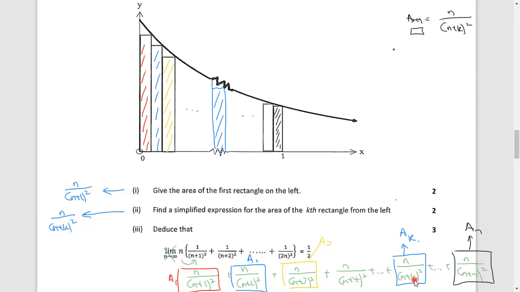So in other words, this whole thing inside the limit just represents the sum of the area of the rectangles. And that's a pretty key point to do this question.